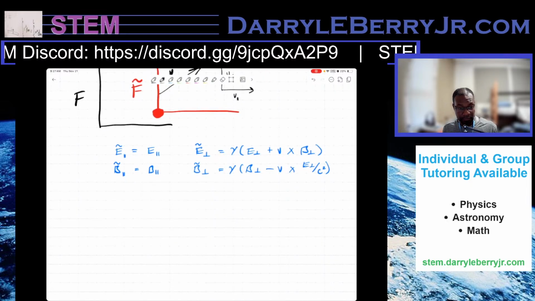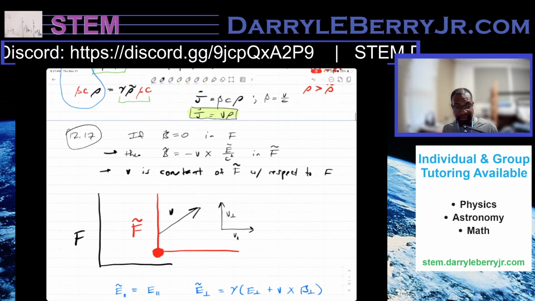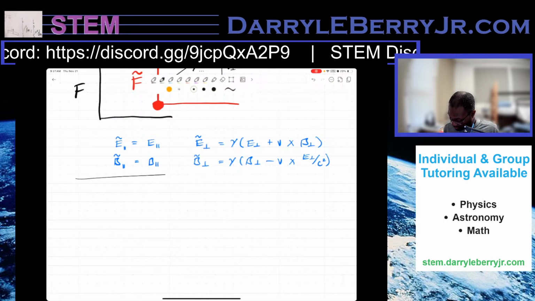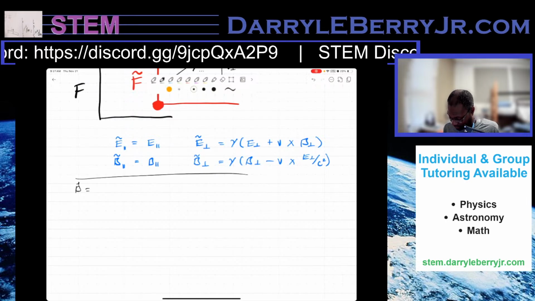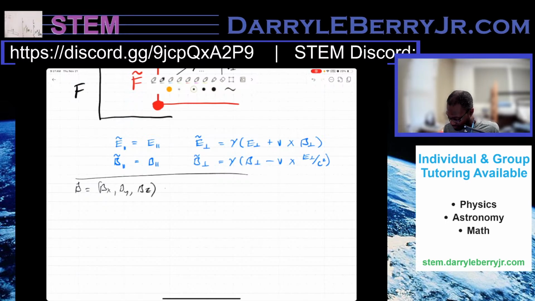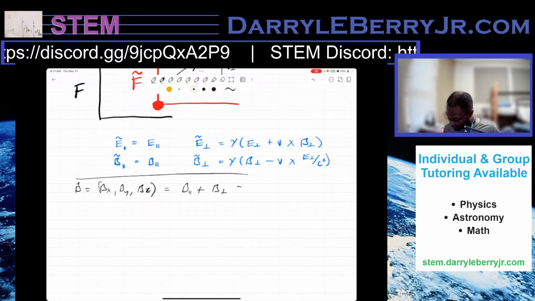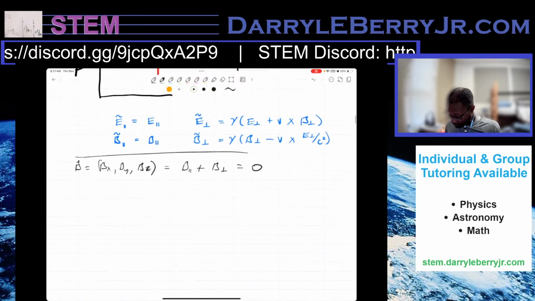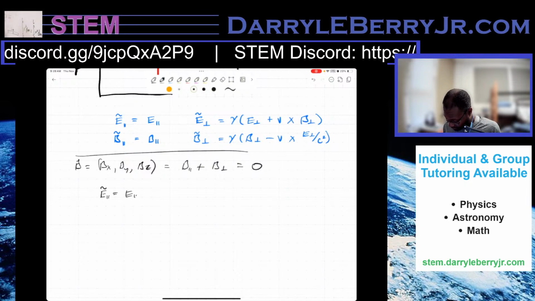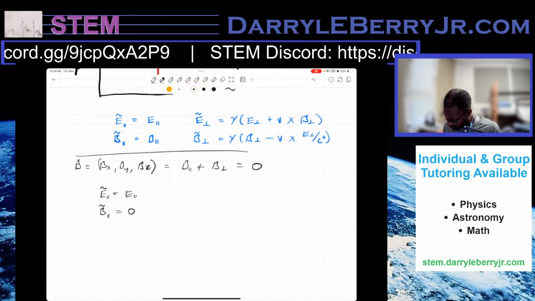So, hold up, it's saying that B equals 0. So if B equals Bx, By, Bz, B parallel plus B perpendicular equals 0, then we have E boosted parallel equals E parallel, and B boosted parallel equals 0.